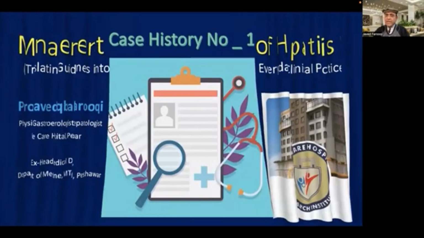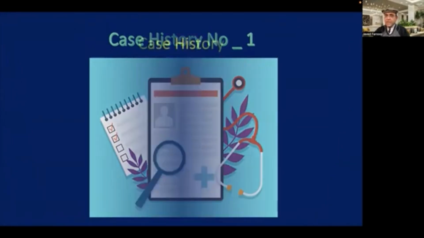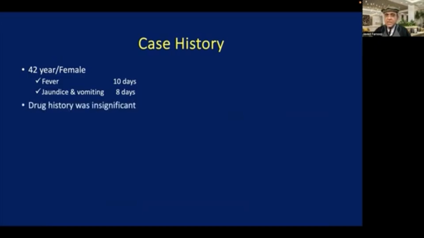So today is case history number 1, and it's a 42 years old female, and she presented with fever for 10 days, jaundice and vomiting for 8 days. Drug history was insignificant in this patient.